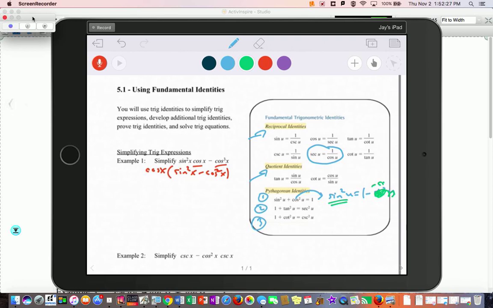I moved the cosine squared to the other side earlier. So if I want to take sine squared, it's the same as 1 minus cosine squared right here. But I did not do anything with this cosine, and I did not do anything with this cosine squared here. All I did is change sine squared into 1 minus cosine squared.